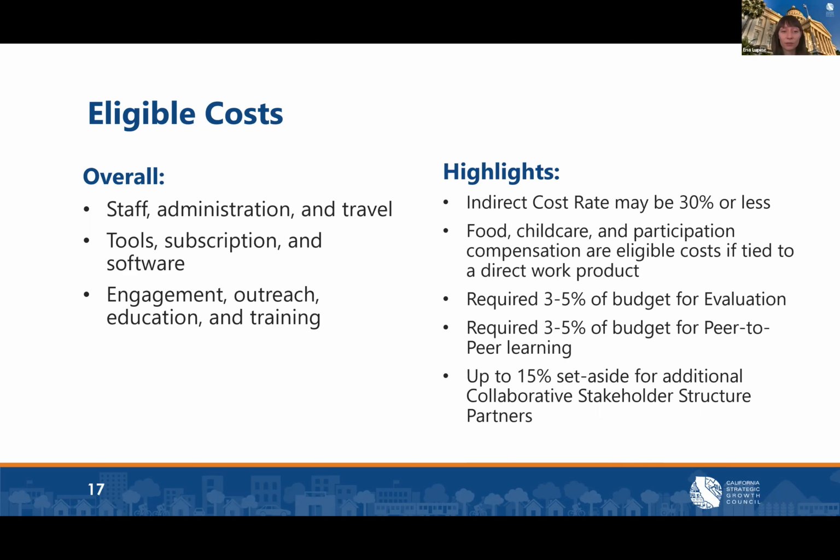It could also cover tools, subscriptions, and software related to community engagement, so things like Zoom or other engagement related tools. And also costs related to engagement, outreach, education, and training. So this could be printing of flyers, it could be renting out space for workshops, things like that.